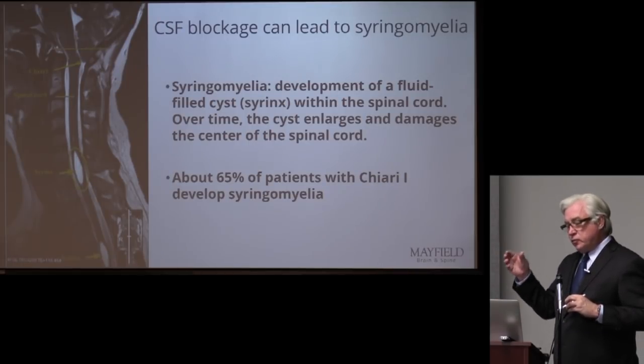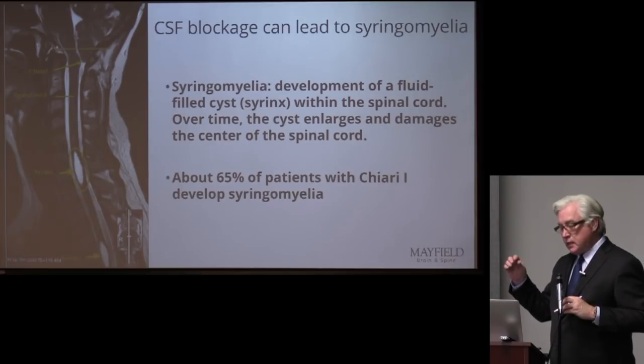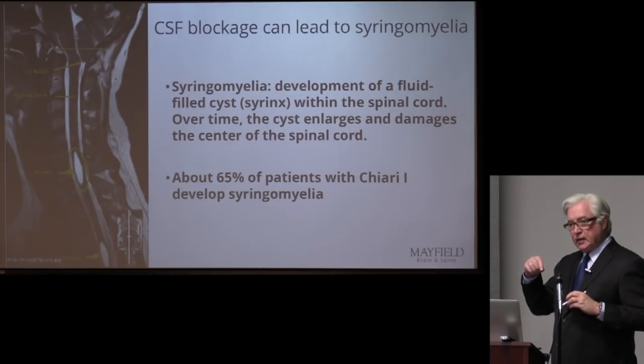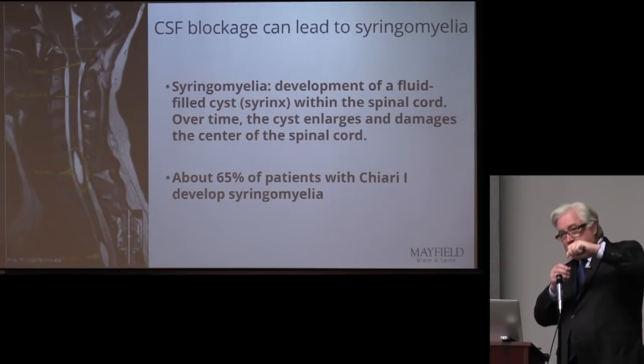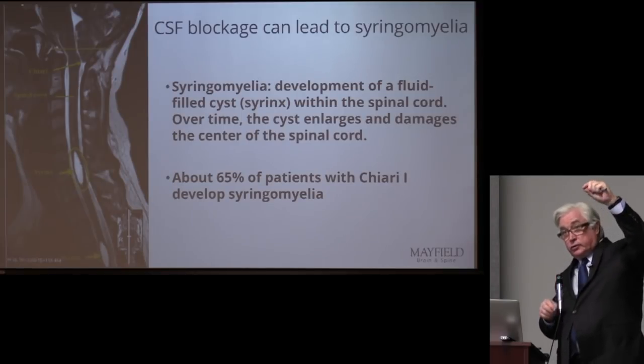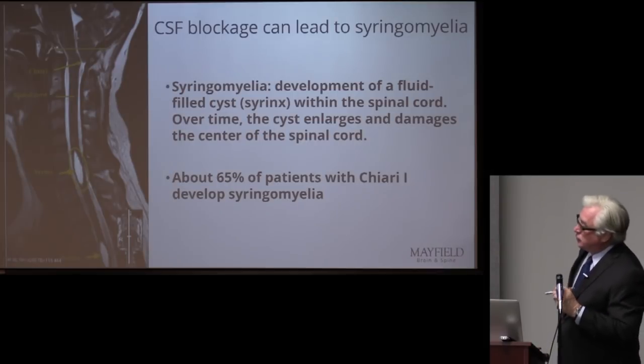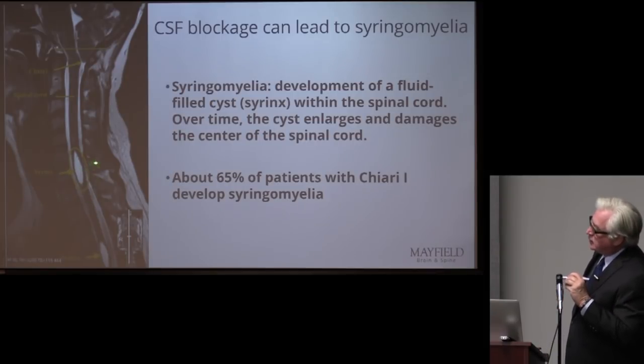When the spinal fluid is being blocked from pulsating up and down the spine, it starts going in that little slit. And that constant pulsation day in and day out causes that little slit to start expanding like a little balloon you blow up. And that creates a secondary problem. You see it right there.